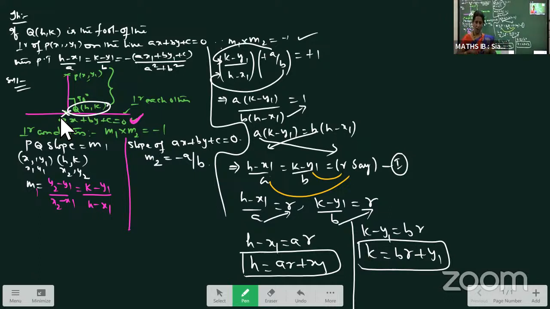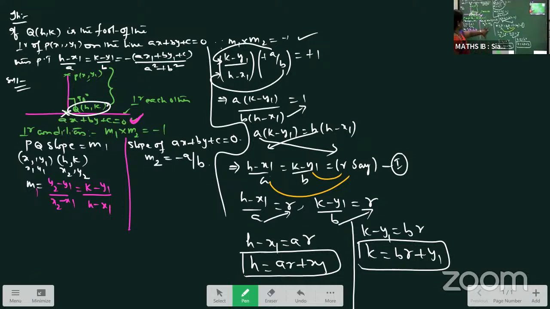So here the floor is ax plus by plus c is equal to 0, and on it your chappals are there, that is h comma k. It means that in the place of x and y, you have to substitute h comma k. If any point lies on that line, then in the place of x and y, those numbers are to be replaced.